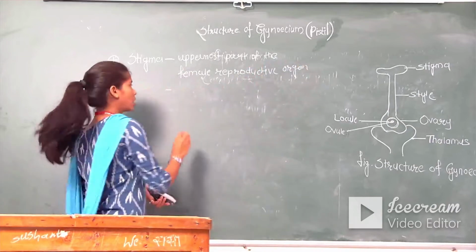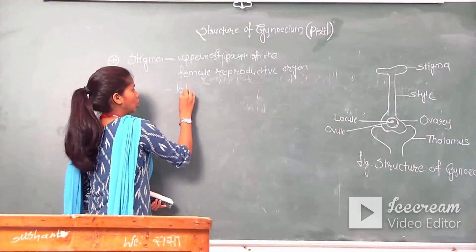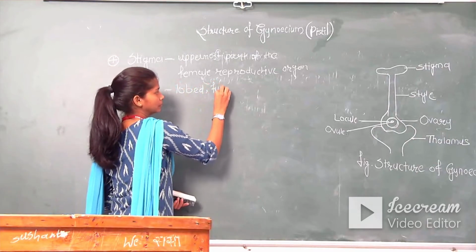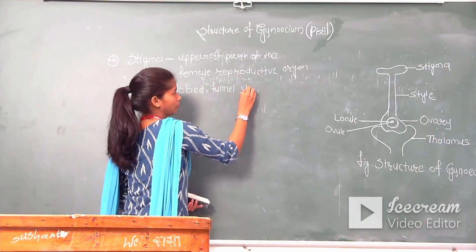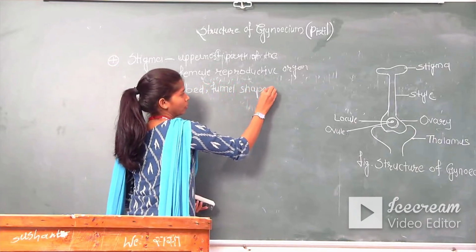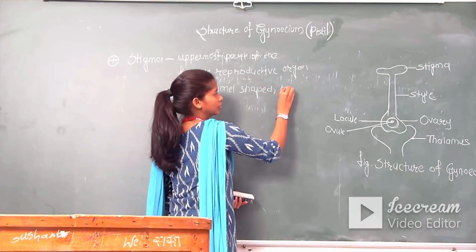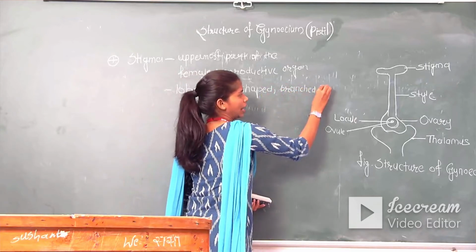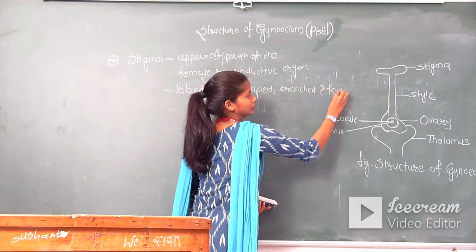This stigma may be lobed, funnel shaped, branched, or feathery.